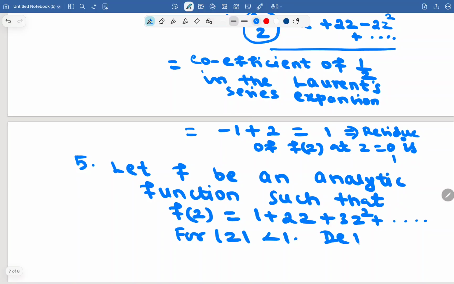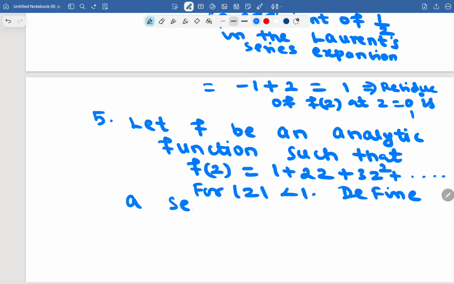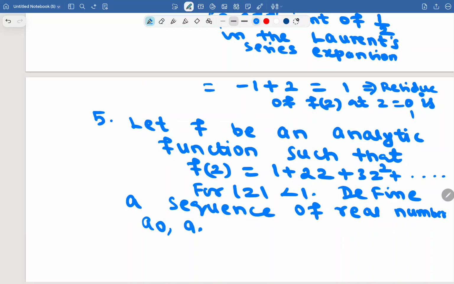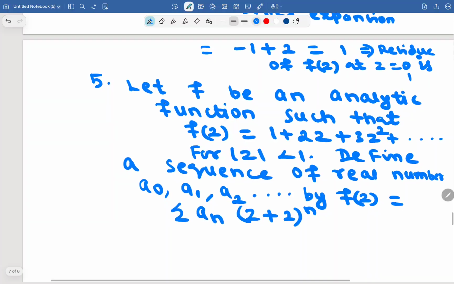Define a sequence of real numbers a0, a1, a2 by f of z, which is equivalent to summation an (z plus 2) power n.